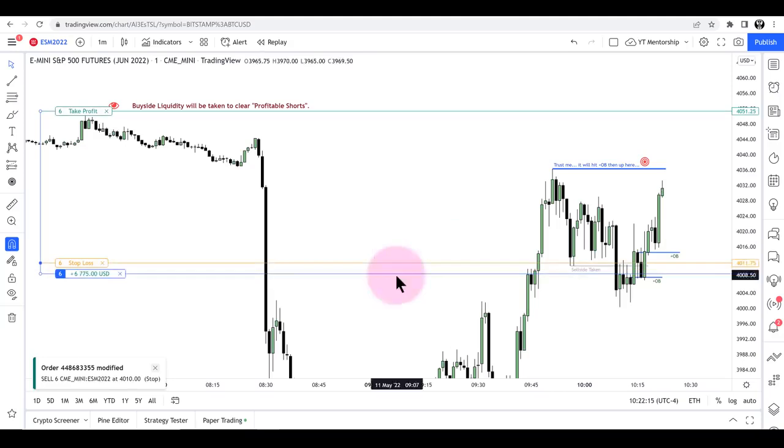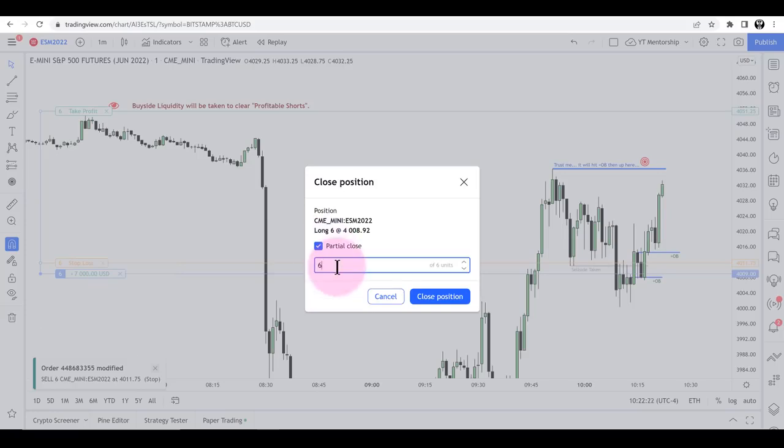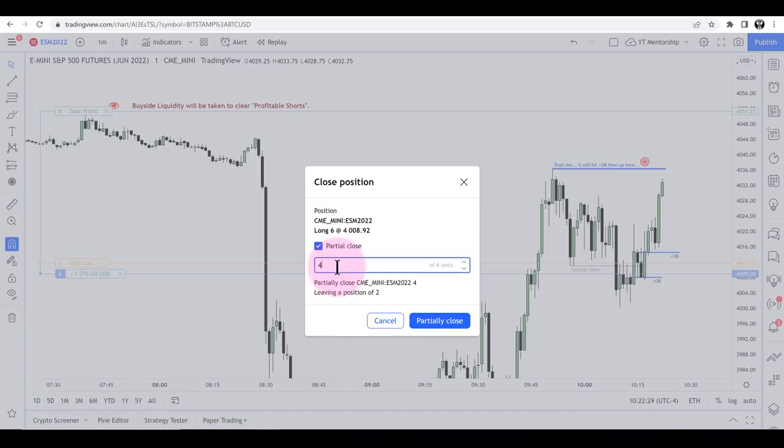Now you can see the profit and loss for these guys that like to see those numbers flashing. All right, so I'm going to take 4 off when it runs above that high, and then I'll consider moving my stop up and see if I can get lucky the rest of the day. I have things I have to take care of, administrative things and video production.